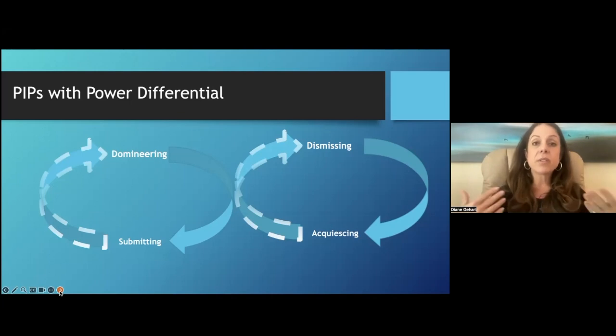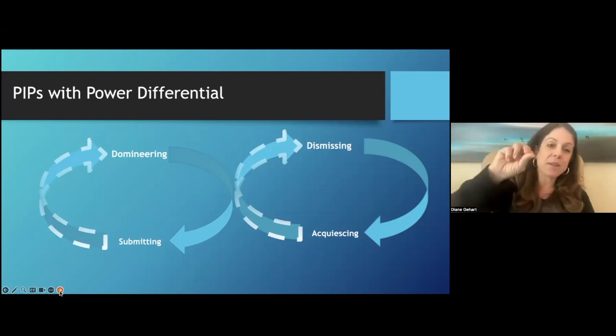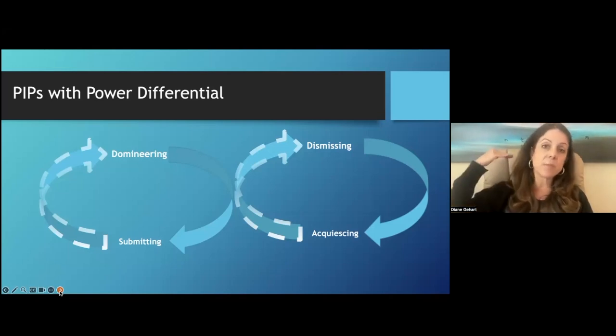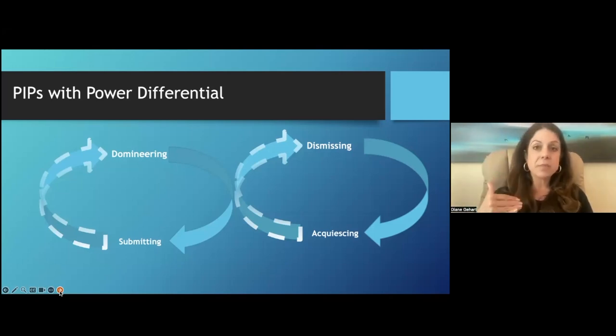So if you think of an authoritarian parent, the child, yes, there might be dismissing and acquiescing, or domineering and submitting, or even domineering and defiance. You can get that one too, right? But the child in many of these situations does not have the same amount of power to influence this dynamic as the parent. And again, in abusive couple relationships, you can have a very similar dynamic where there's a very domineering partner and a very submissive partner.